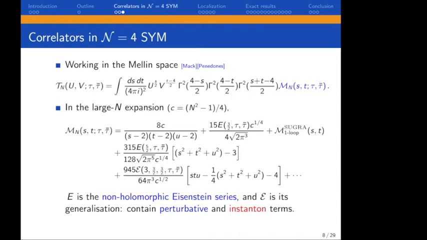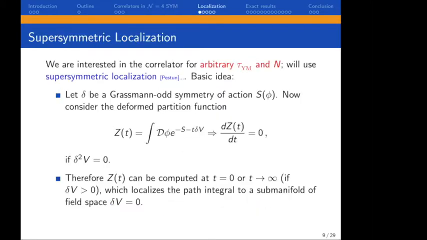So one of the goals of this talk is to try to reproduce this formula, but certainly we will do more than that. As I emphasized, we are interested in the correlator at arbitrary coupling and arbitrary N. In particular, because we want to study the modular SL(2,Z) symmetry, we will turn to this powerful technique from supersymmetric localization. Let me briefly say the idea.